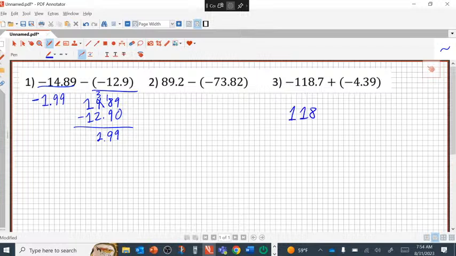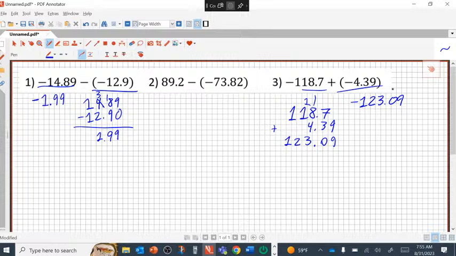So 118.7 plus 4.39, there's a 9. 0, 1, 9, 10, 11, 12, 13. Carry that. So 123.09, should that be positive or negative, William? Negative. Should be negative, exactly, because it's negative and then it gets more negative. How many of us got negative 123.09 for that bad guy?